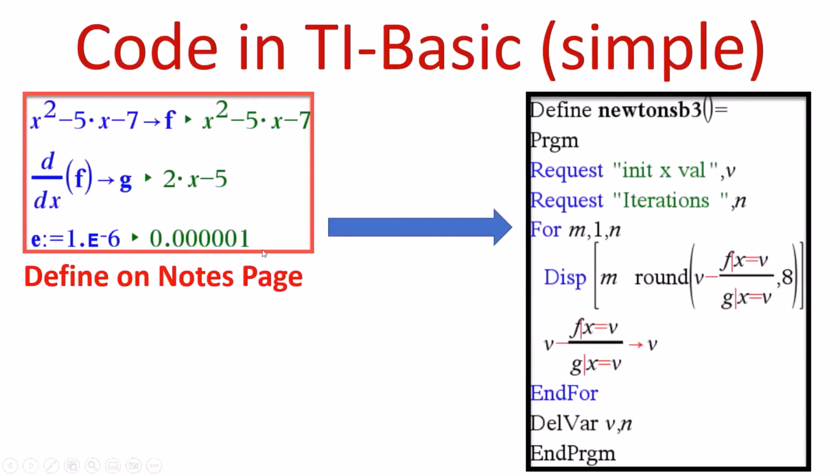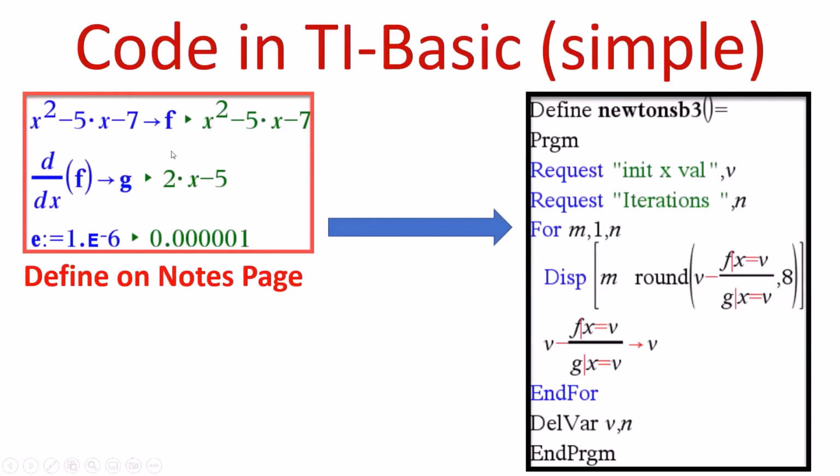Now I've got two screens over there. The first thing is I have defined a function on a notes page. I've defined this function, determined the derivative, and given the value of e as 0.00001. So that's all on the notes page.